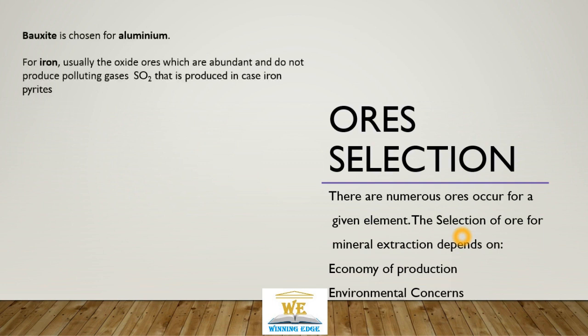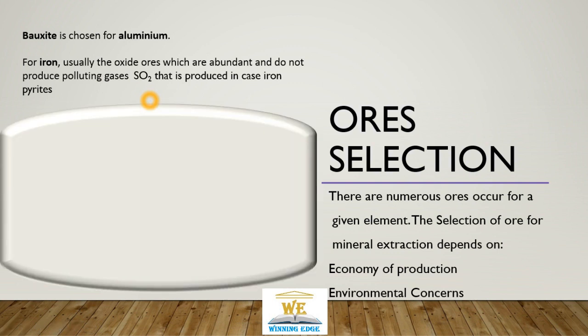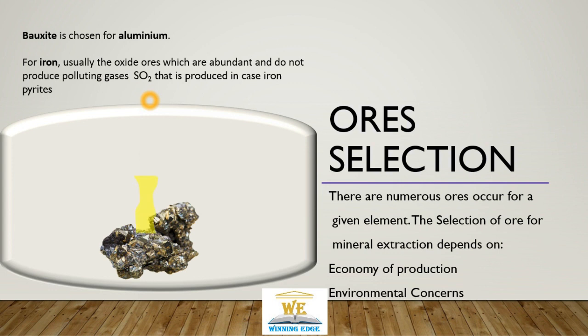Bauxite is chosen for aluminium. Iron, usually the oxide of which is abundant and does not produce polluting gases, unlike sulfur dioxide, which is produced from iron pyrite, FeS2.